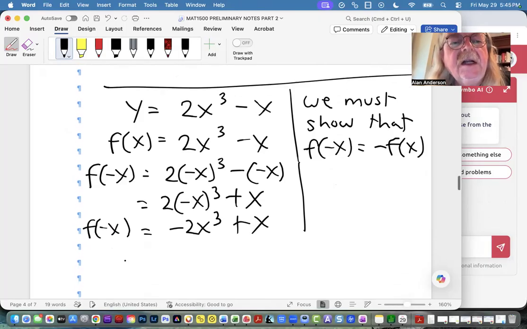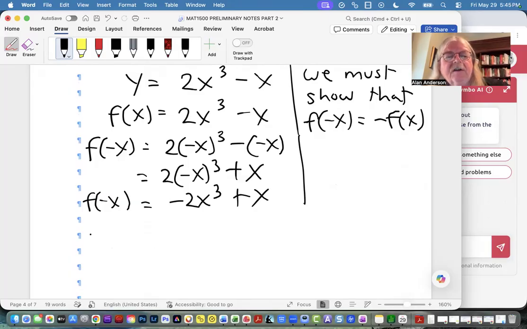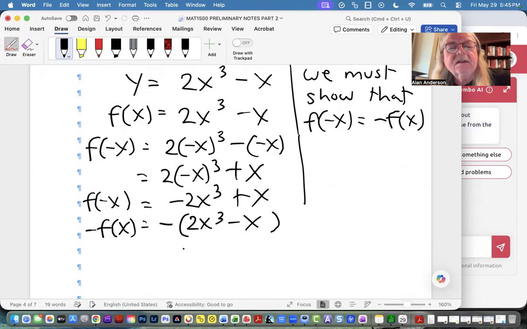Okay, that's good. What about the original function? Negative f of x would therefore be negative the original function, remember, was 2x cubed minus x.